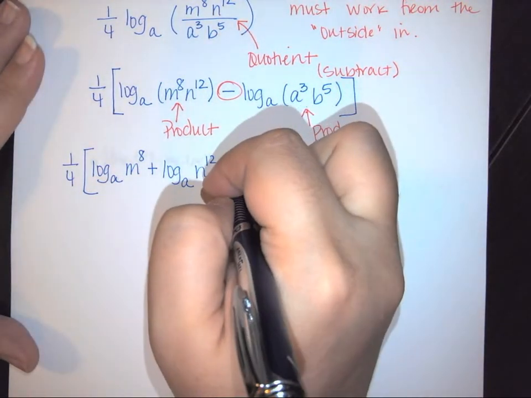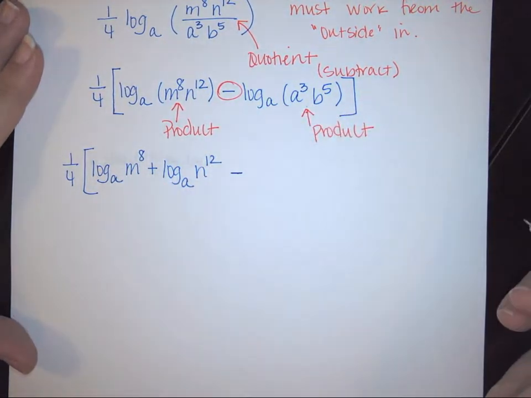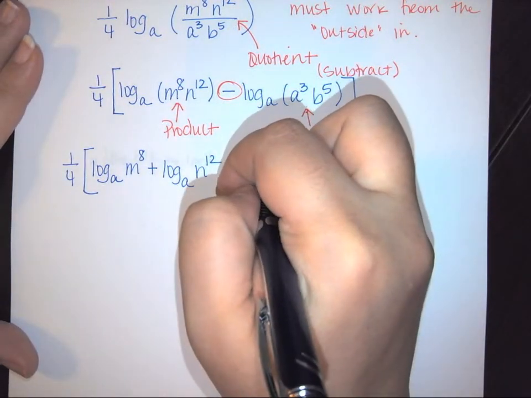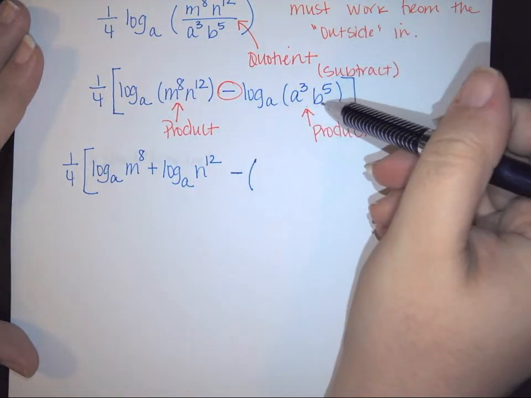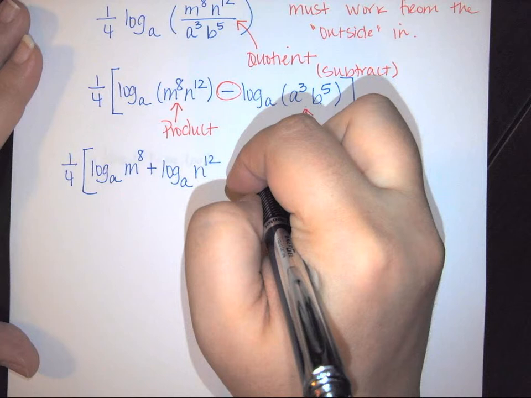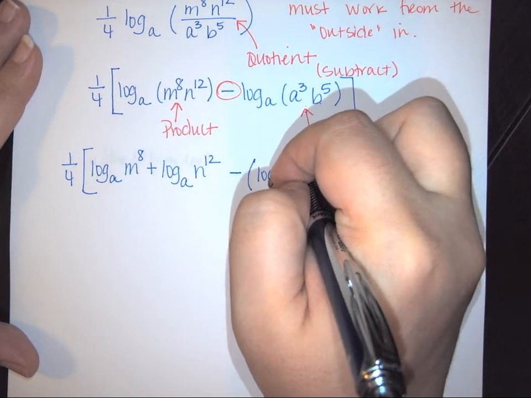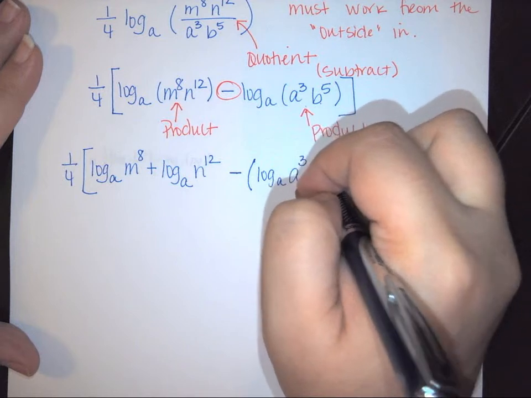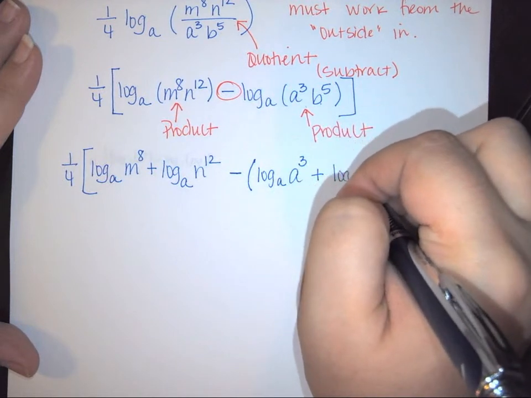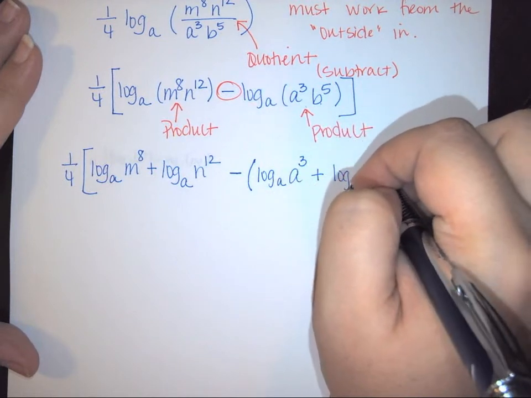Then I have my subtraction sign. And in this case, I'm going to open a parentheses because I have the product on this side, which is the log base A of a to the 3rd plus the log base A of b to the 5th.